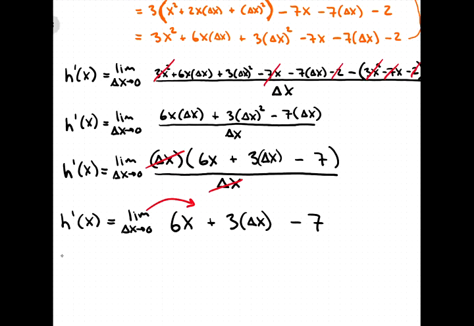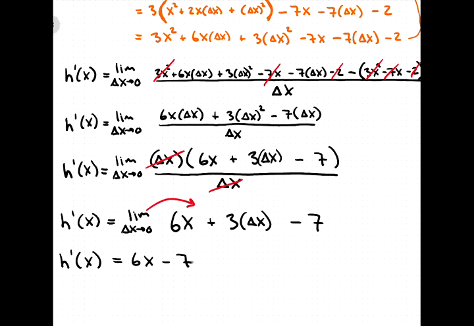So it looks like h prime of x, the derivative of h of x, is equal to, well, when delta x is 0, that's 3 times 0, so that middle term disappears, and we have 6x minus 7. So there is our derivative.